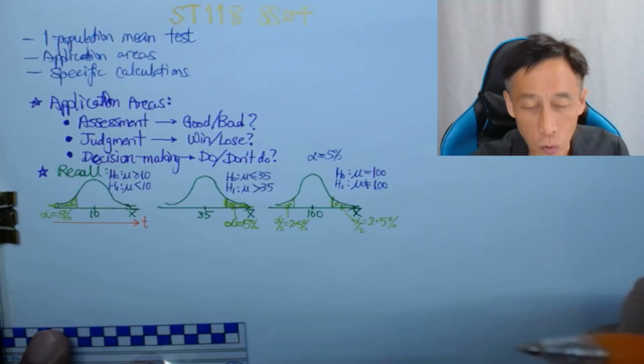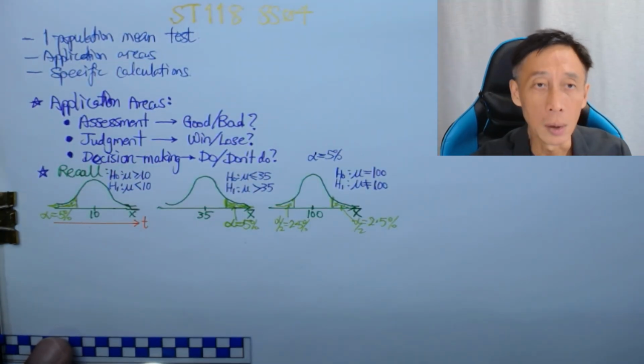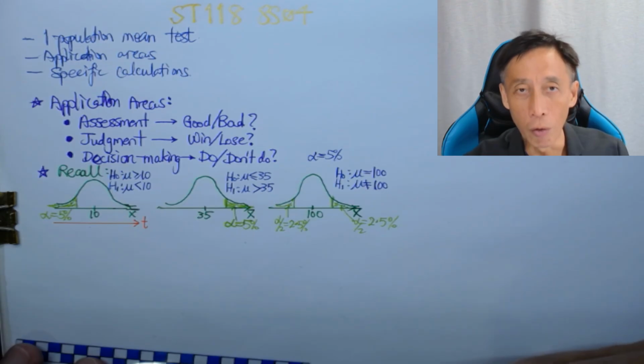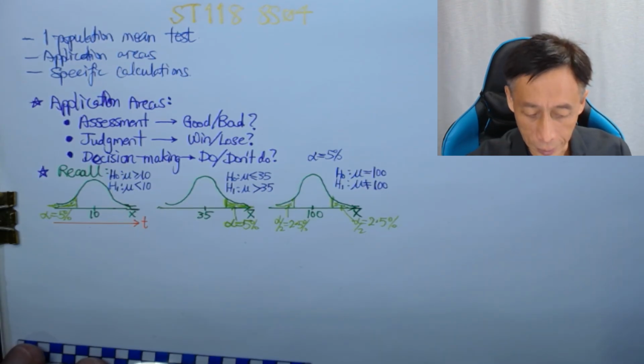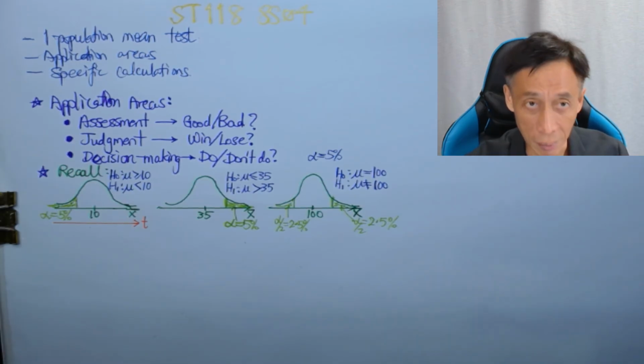So we'll just illustrate using the T distribution as I explained earlier on in other videos. We encounter T a lot more frequently in real life, and more because T is a mathematical construction. T distribution, right? It's constructed mathematically.